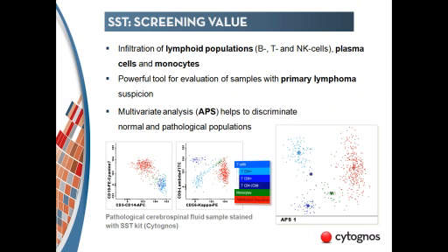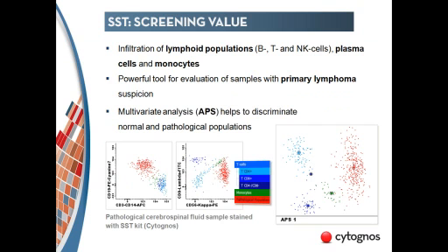So as I told you, thanks to this antibody combination, we can see infiltration of lymphoid populations, B, T, NK, plasma cells, and monocytes in this kind of small samples. This is a powerful tool for the evaluation of samples with suspicion of primary lymphoma, and thanks to the multivariate analysis that we have seen in the LST, the diagrams within Infinicyt, called APS, help to discriminate normal and pathological populations.